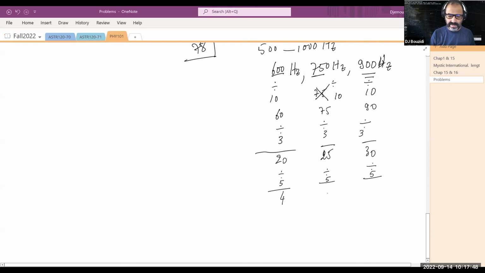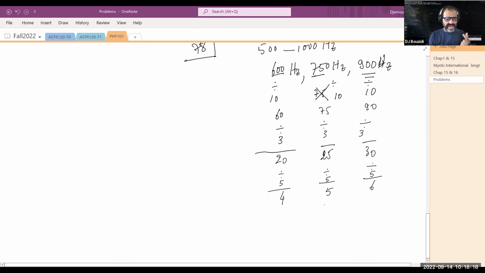20 divided by 5 is 4. 25 divided by 5 is 5. And 30 divided by 5 is 6. Now, there is no greater common divisor for these three numbers. 4 can be divided by 1, which will give me 4, but 1 never counts in this case. So we ask about 2 and 4, that's it. 5 can only be divided by 1, which we are not going to consider.